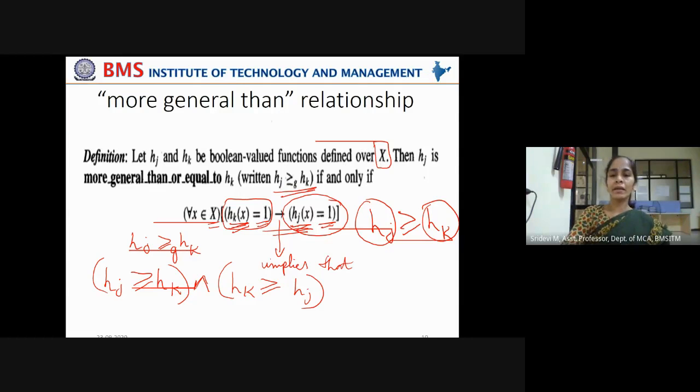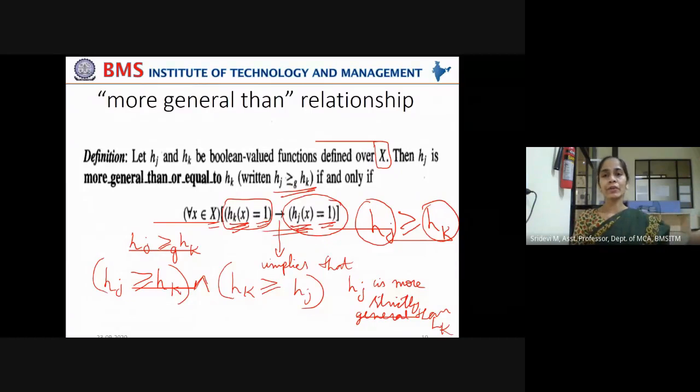Then we say that Hj is strictly more general than Hk. Okay? This way is applicable. Vice versa is not true. Backwards direction it is not applicable. Okay? Hj is strictly more general than Hk.